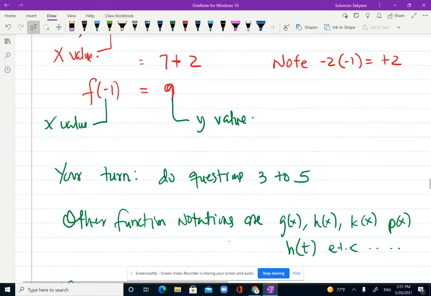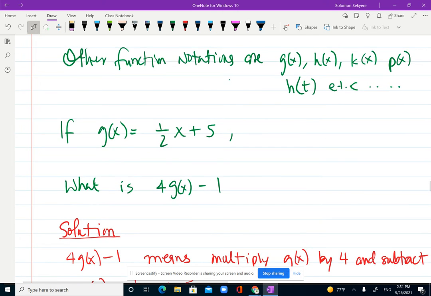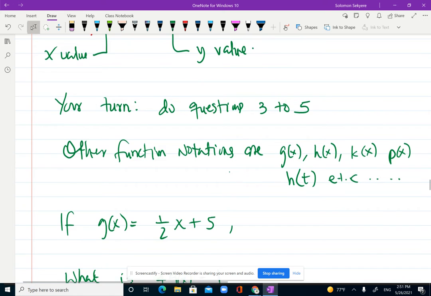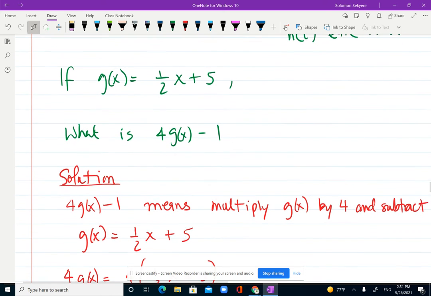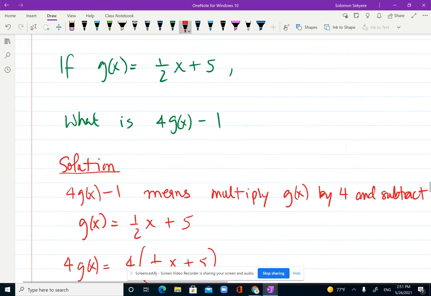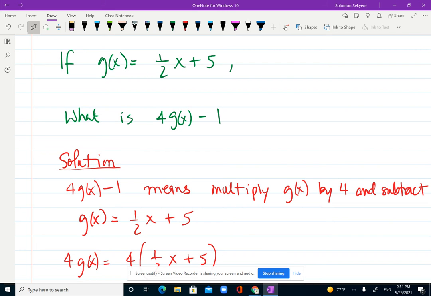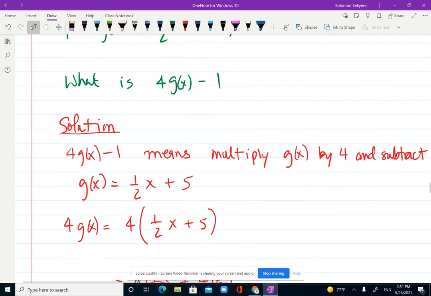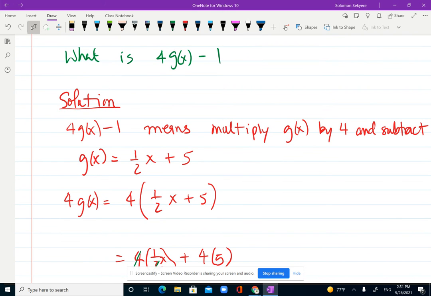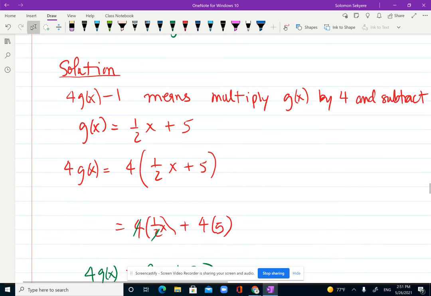Okay, so now, do the rest of it. Exercises. All right, now we have g of x is equal to 1 half x plus 5. What is 4 times g of x minus 1? What does that mean? Multiply g of x by 4 and then subtract 1.